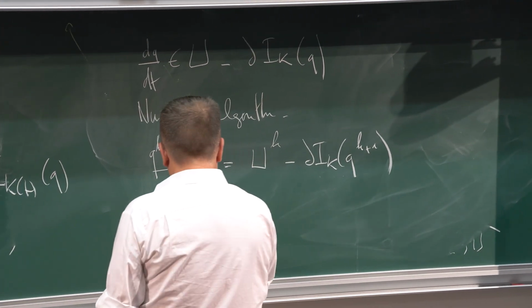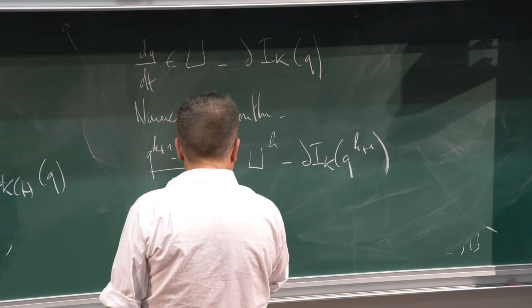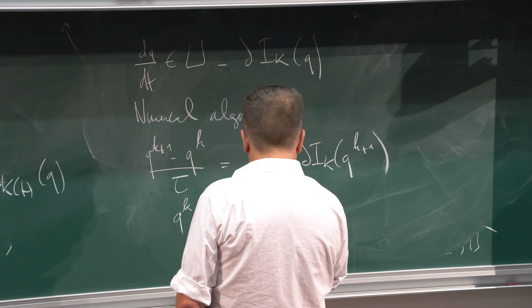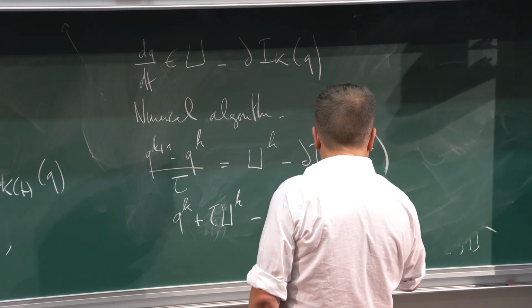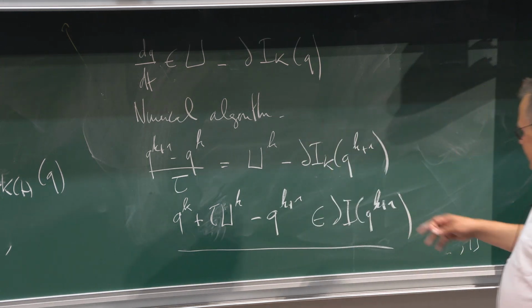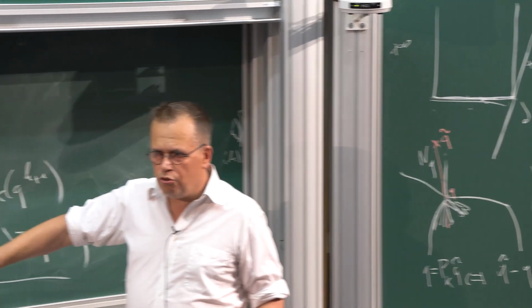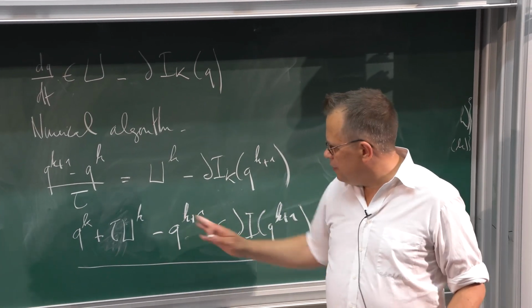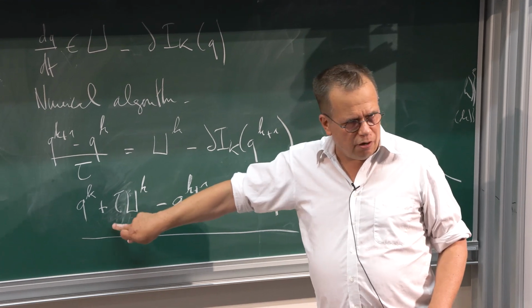So it basically tells you that q k plus tau u k minus q k plus 1 is in the subdifferential at q k plus 1. And this is exactly what happens here, where the role of Q is replaced by q k plus 1. And this tells you that q k plus 1 is the projection of this.